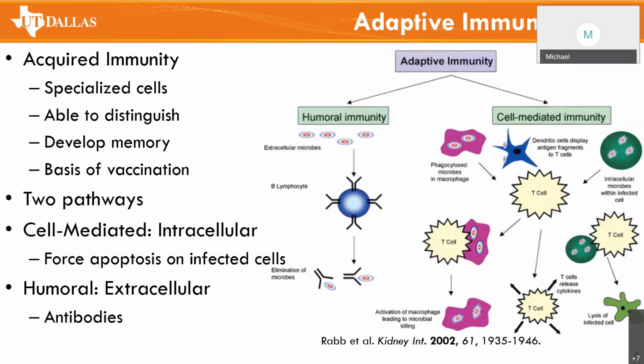Today we're going to focus more on the humoral immunity. Again, this does involve helper T cells, but mostly it's the B cells that are able to produce antibodies. This is usually for extracellular microbes that are going around the body, releasing different toxins and growing in your body.